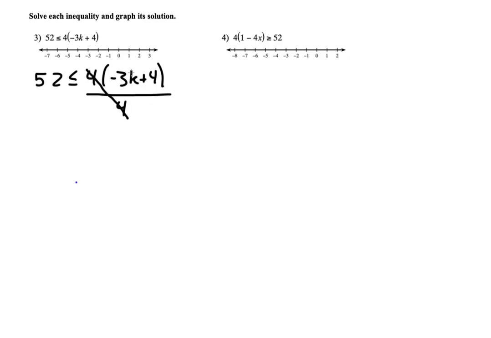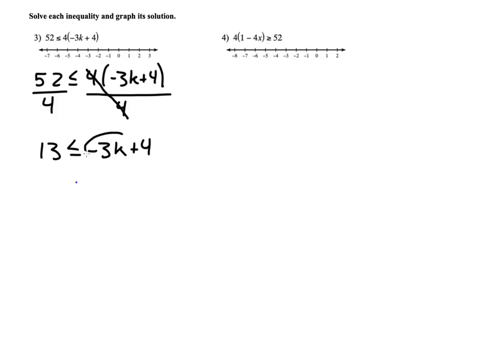I won't have to distribute and make my numbers really big. But of course, if I divide the right side by 4, I have to divide the left side by 4. And 52 divided by 4 is 13. So 13 is less than or equal to, then what's in the parentheses here, -3k plus 4.